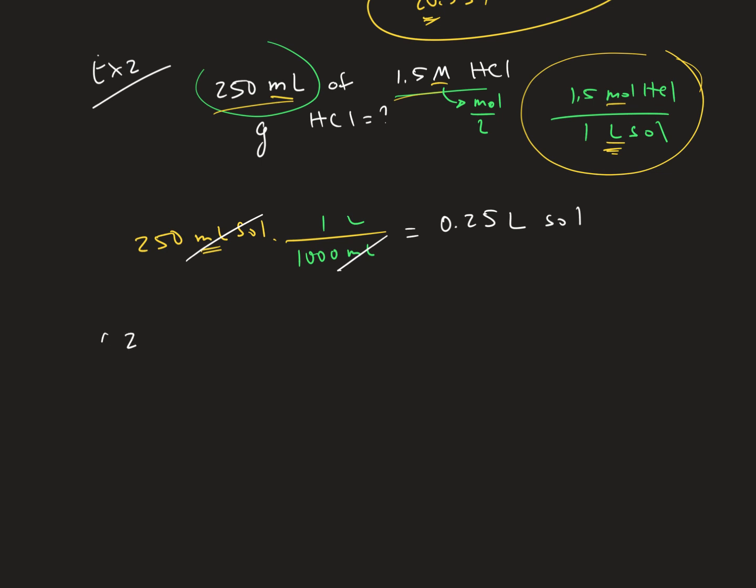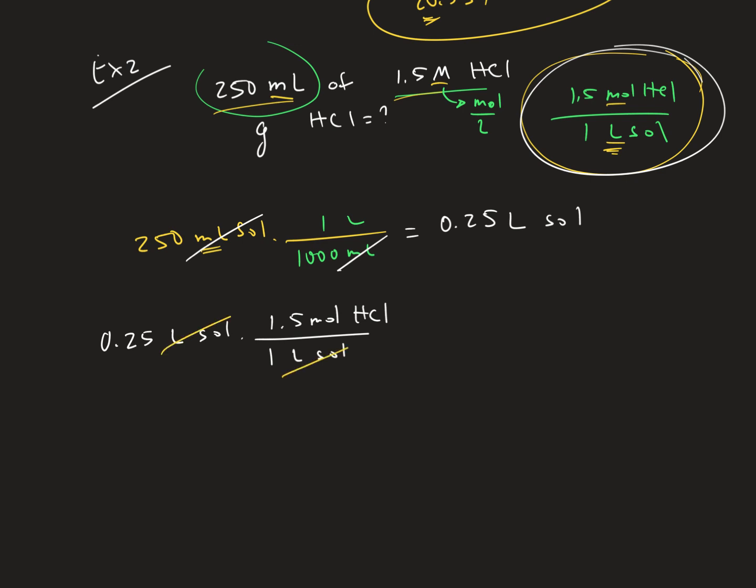So I'm going to start with 0.25 liters of solution. And now I'm going to use this conversion factor. 1 liter of solution to 1.5 moles of HCl. Liters goes away, and I can find an answer here. Is this my end answer yet?